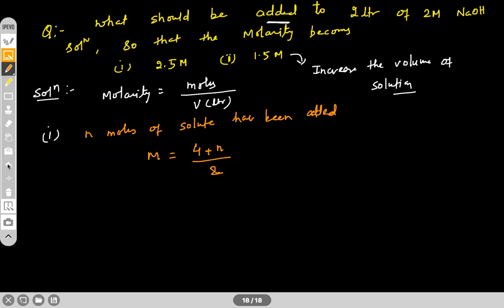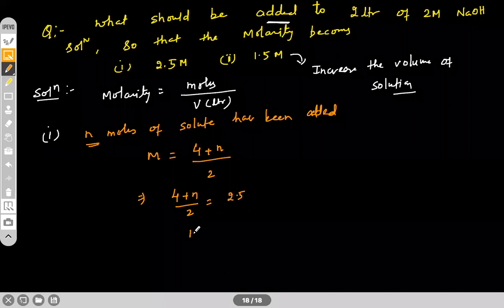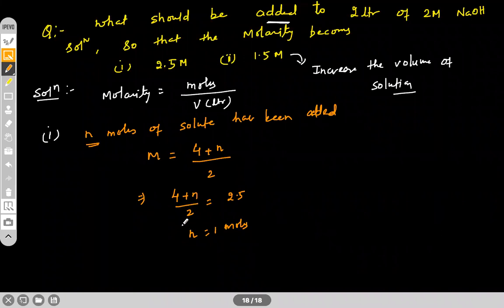So this molarity is given: (4 + n)/2 = 2.5 according to the question. When we add n moles of solute into it, its molarity increases to 2.5. That is our assumption. So this is the relation. Now when you solve this, you'll get n = 1 mole. Means to increase the molarity from 2 to 2.5, we have to add 1 mole of solute into it.